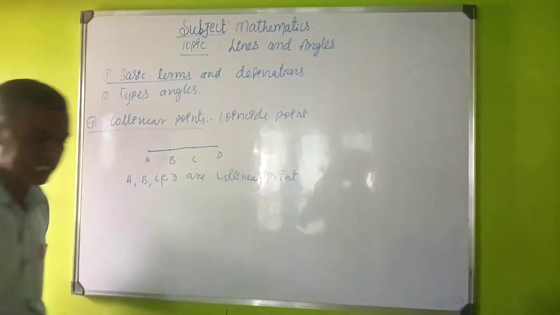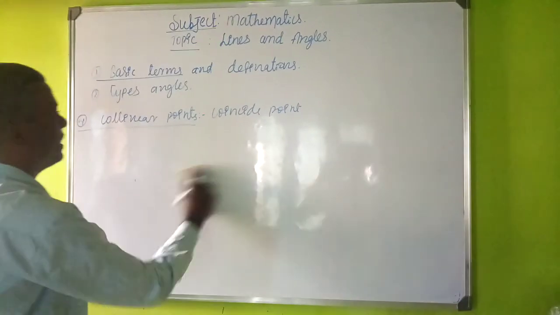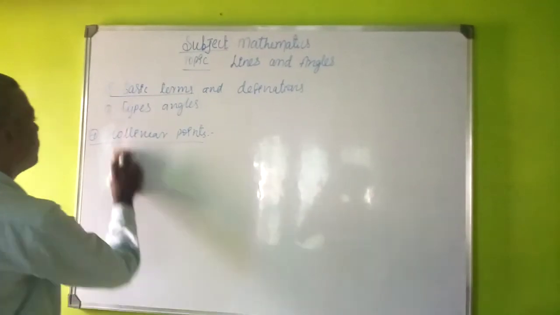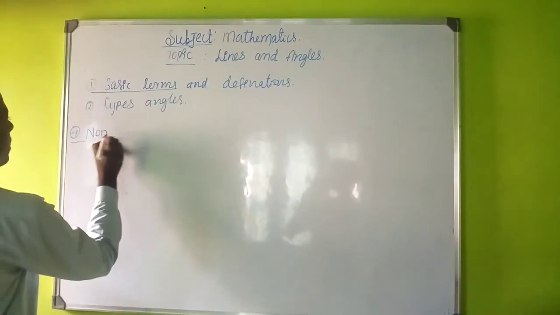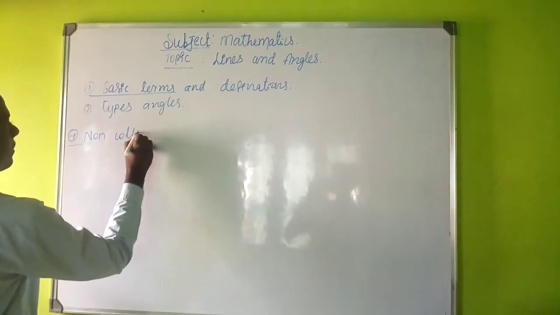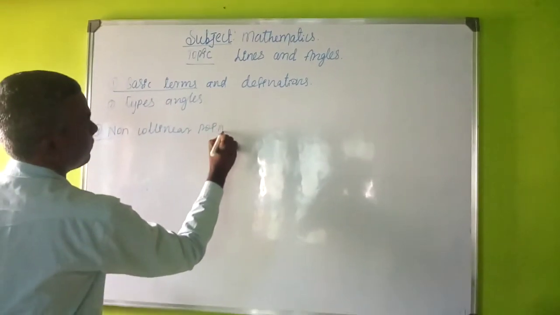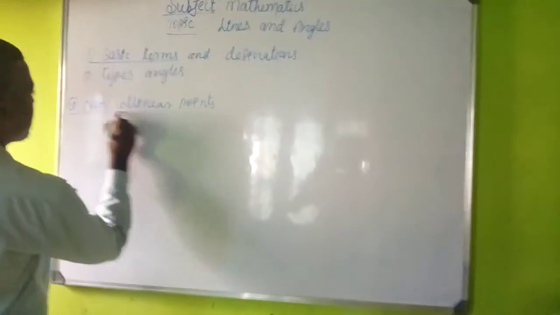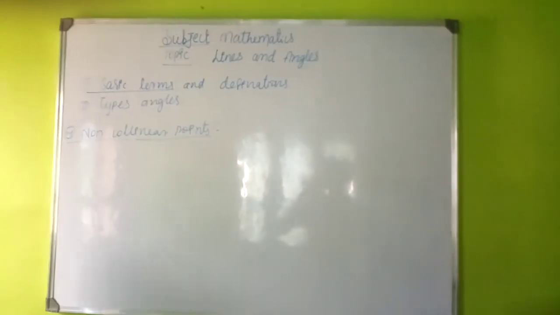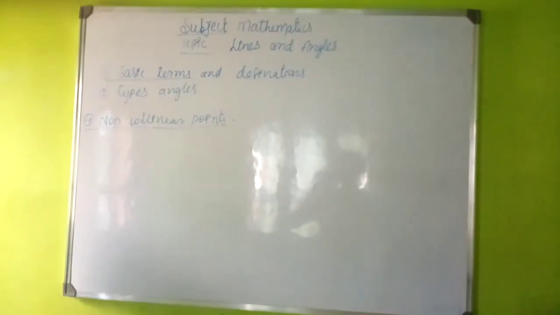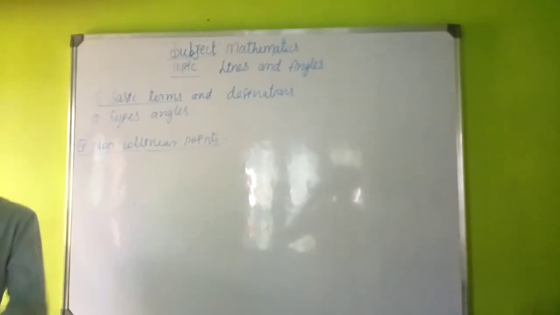Okay students, so next important point is non-collinear points. Non means opposite of collinear. Non-collinear points are three or more points which lie in a plane but in different dimensions.